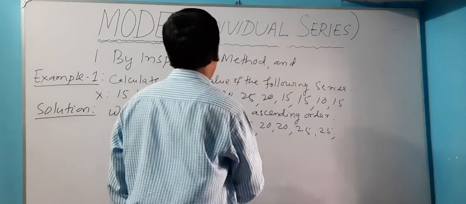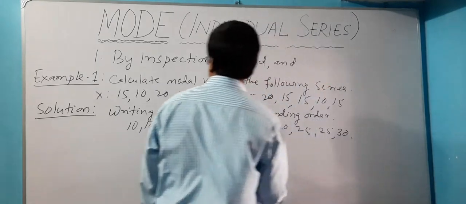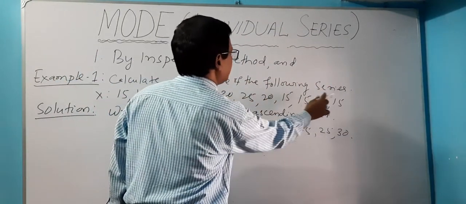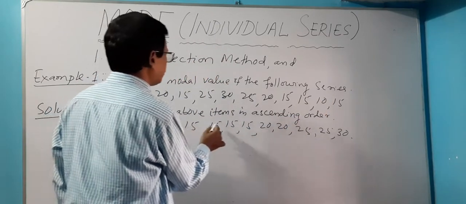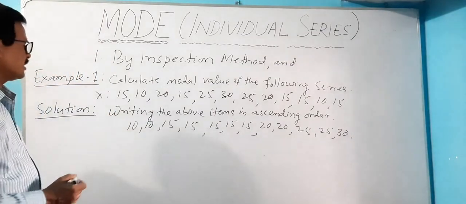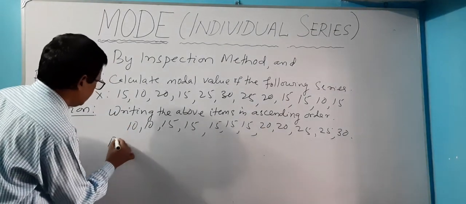Then 30. How many items are there in total? 1, 2, 3, up to 12. Here also 12. Now we will write by inspection.